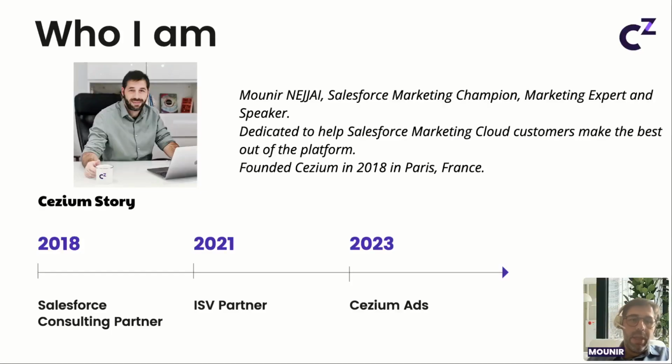We started consulting and then we became an ISV partner and eventually we built in 2023 Cezium Ads, which is now a competitor of Advertising Studio. Just not to scare you off, there will be a few words about Cezium Ads at the end, but the main focus of this webinar is really Ad Studio and how you migrate it.